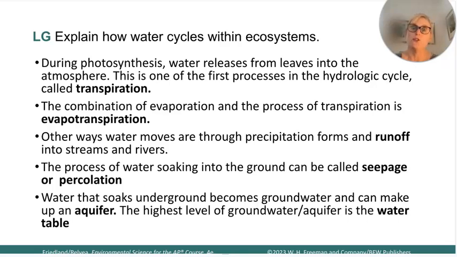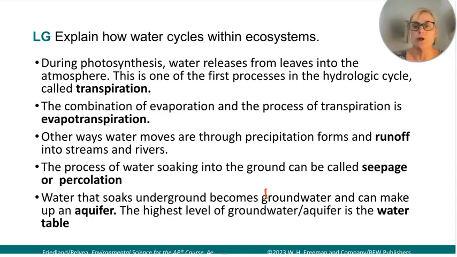Some of that precipitation soaks into the ground. We can call that seepage or percolation. If the water that soaks into the ground ends up creating a big pool of water in that ground, we call that an aquifer or groundwater. So sometimes we can call it groundwater right here. Sometimes we can call it an aquifer.